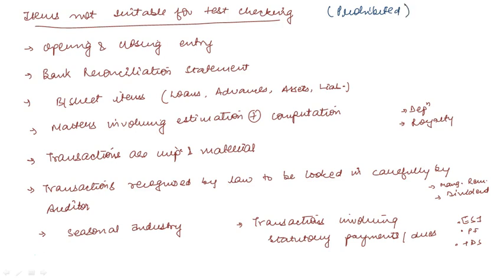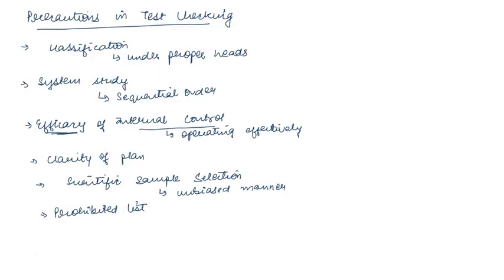You are required to ensure that these transactions are not in test checking. If they are, then you are required to do the verification separately. Remove them and verify them separately, okay? Now moving on, that is all about prohibited areas.